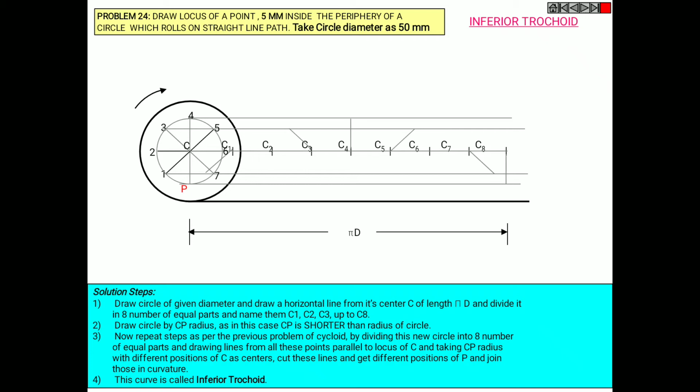So these are the intersections. Mark all the points. These are the positions of the points and name them as P1, P2, P3 and so on up to P8.